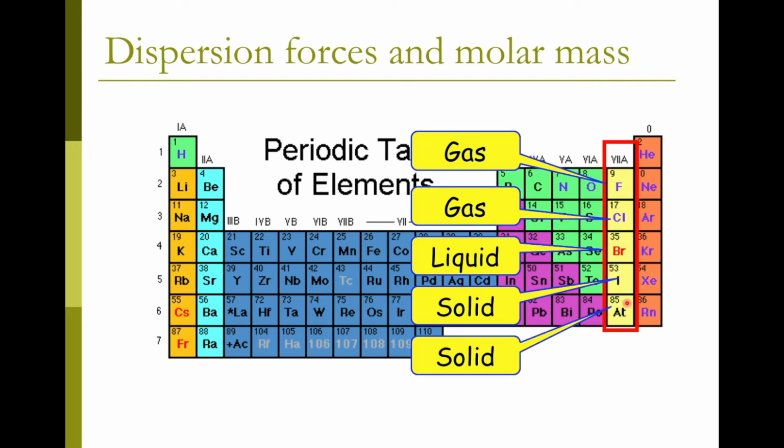So they're all nonpolar molecules, so they only have London dispersion force. The heavier they get, the greater the intermolecular force, and so the higher the melting point gets, or the higher the boiling point gets.